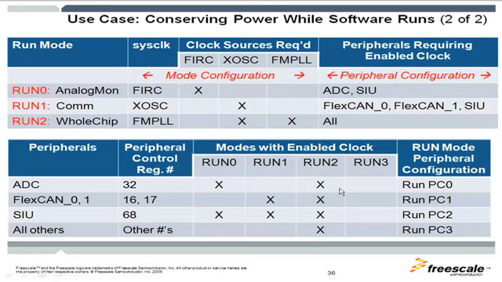And this is just a table I built from up above here. The A to D has to be running in Run 0 and Run 2. CAN has to be 1 and 2. SIU in 0, 1, and 2. All others have to be in Run 2. So I've actually got a configuration, and there's only a few configurations you're going to have. So there is a run mode peripheral configuration register.